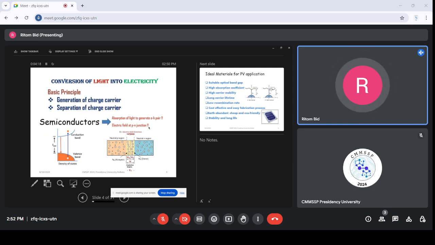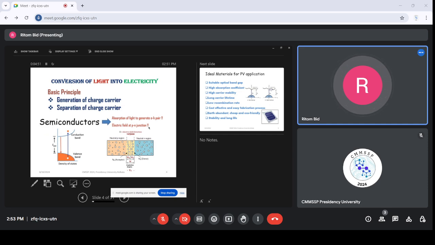Now, a simple junction, that is a P-type semiconductor and N-type semiconductor junction. At the physical junction there is a depletion region, you all know the formation of the depletion region, and at the depletion region there is an inbuilt electric field. Now, if the electron hole pairs are generated near or at the depletion region, this inbuilt electric field applies force to the charges in opposite directions, and the charges get separated.